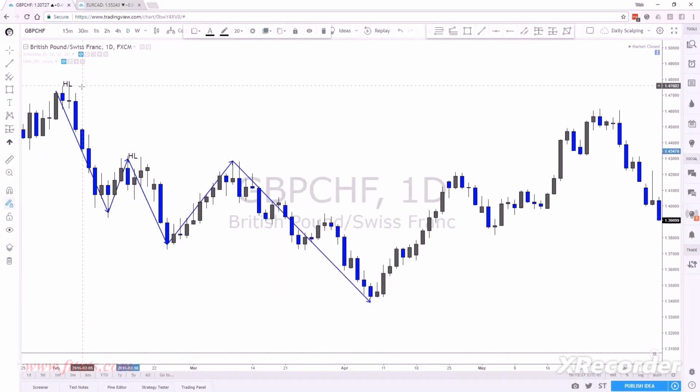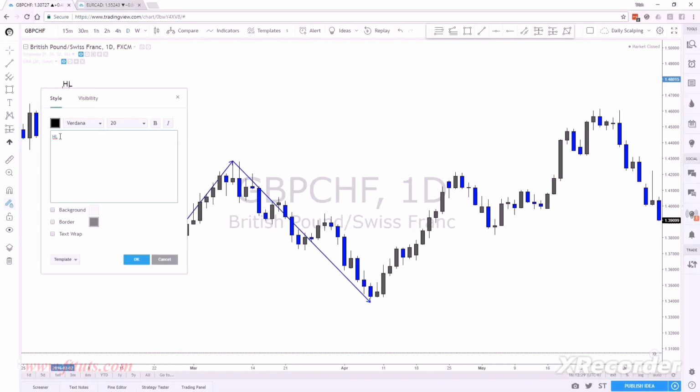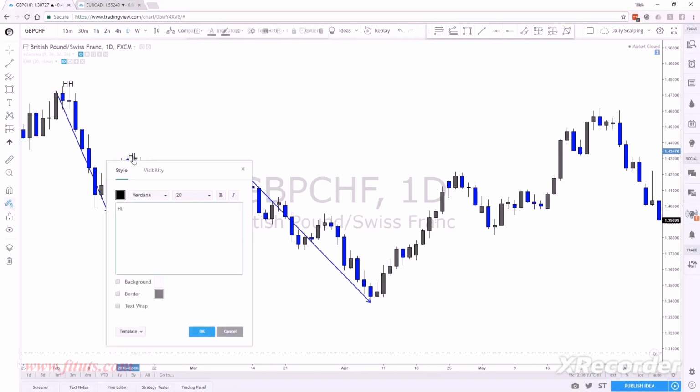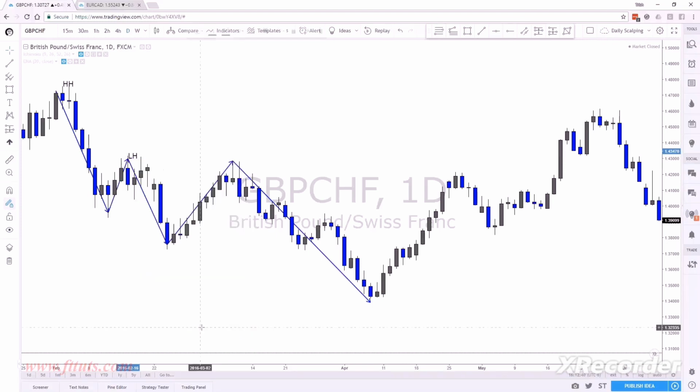That's a higher low. This would be a higher high. Sorry. So this would be our higher high if this is where you're starting at, and this would be your lower high, and so on and so forth. And this would be your lower low, lower low, lower low, until you get a reversal.